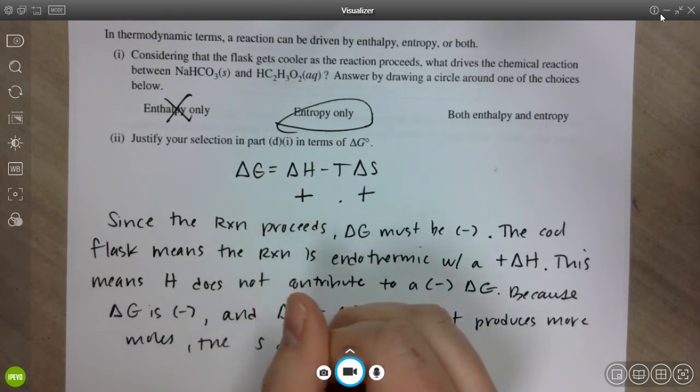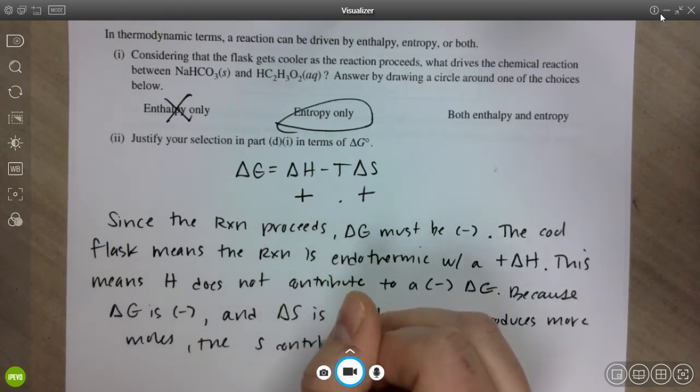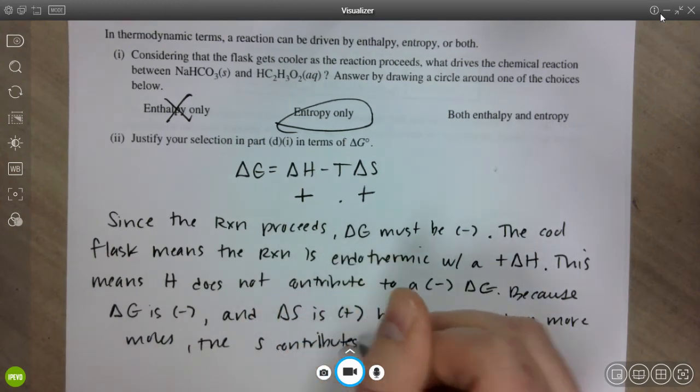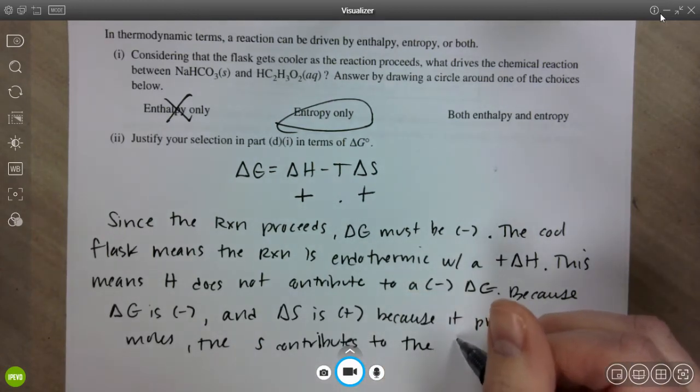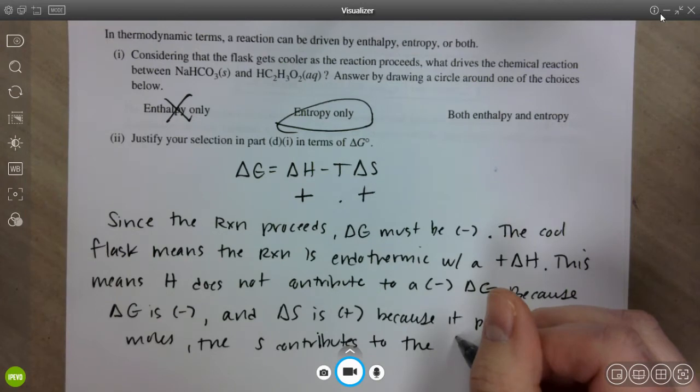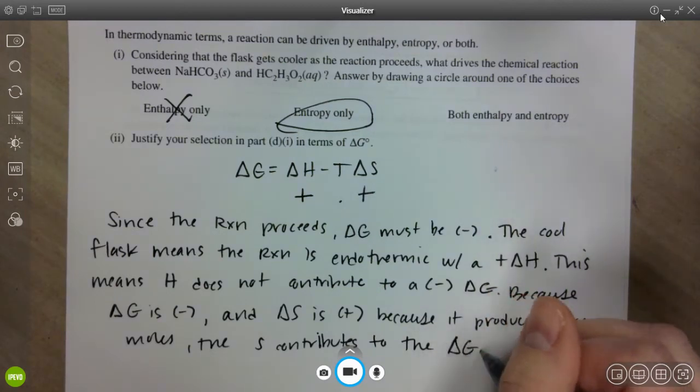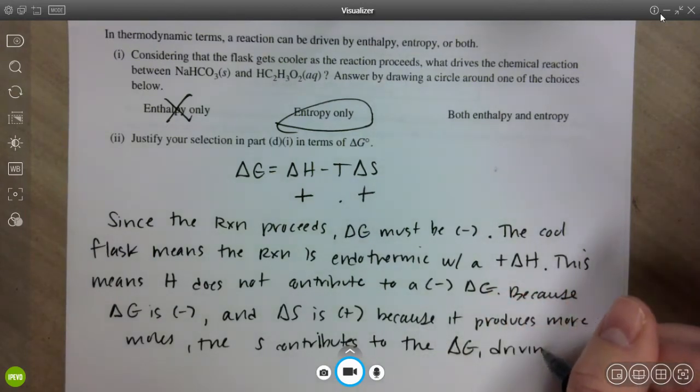The S contributes to the delta G driving the reaction.